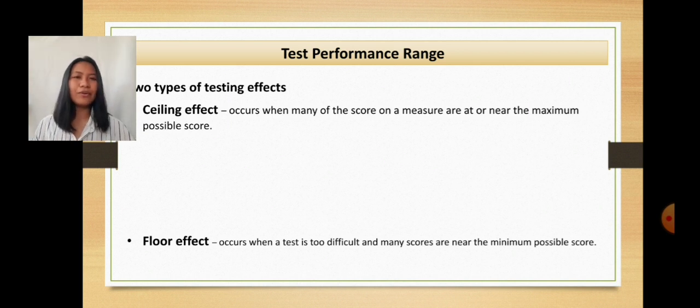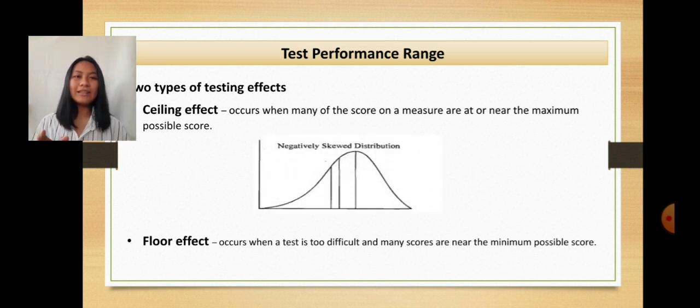So, ano nga bang example ng ceiling effect? Let's say, for example, the negatively skewed distribution. Kung titignan natin sa picture, mas marami yung nakakuha ng high score kesa sa low score. Kaya nagiging negatively skewed distribution siya. This negatively skewed distribution was discussed previously by group 6.